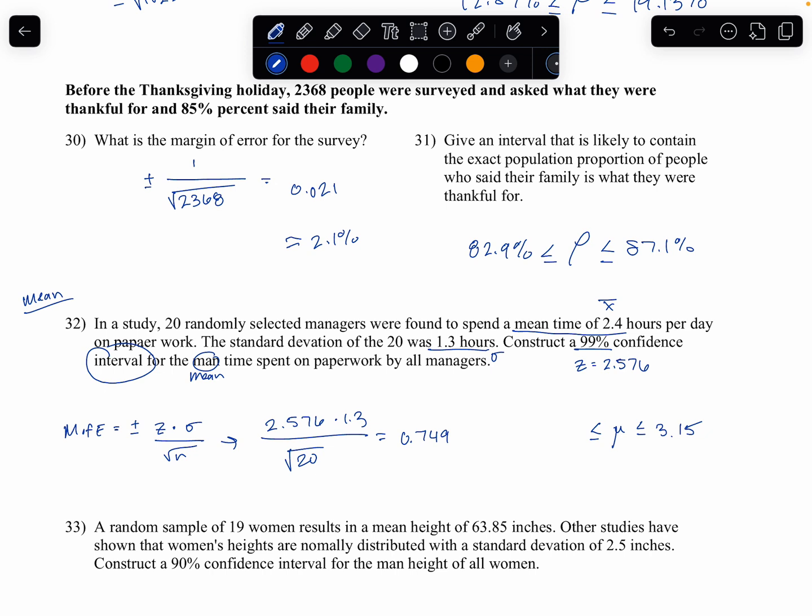And then we'll do 2.4 minus our margin of error, and I get 1.65. So the mean time of our sample of the 20 was 2.4, but we think the mean time of the population would be between 1.65 and 3.15.